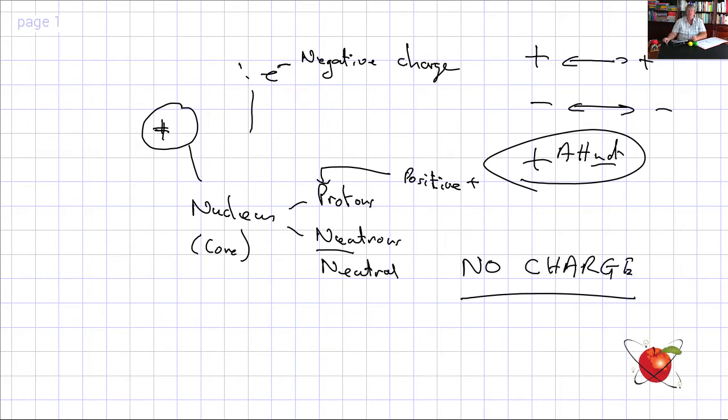That means that they are in effect neutral. So the number of protons must equal the number of electrons. That ensures that there's a balance and there's no charge. They even each other out.